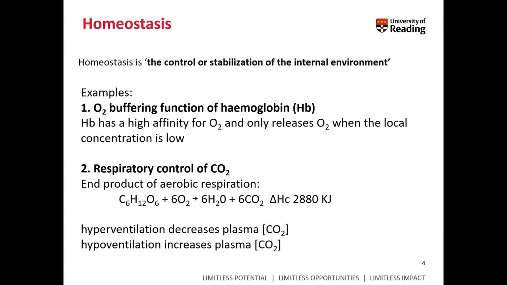The excretion of CO2 via expiration, so hyperventilation, leads to decreased levels of plasma CO2. And the release of CO2 decreases the level of carbonic acid, increasing the pH of the blood.